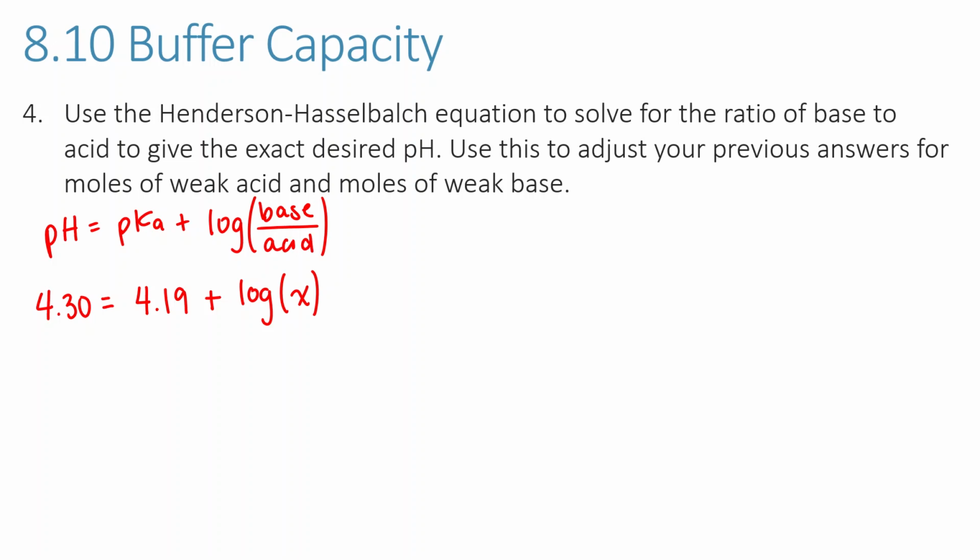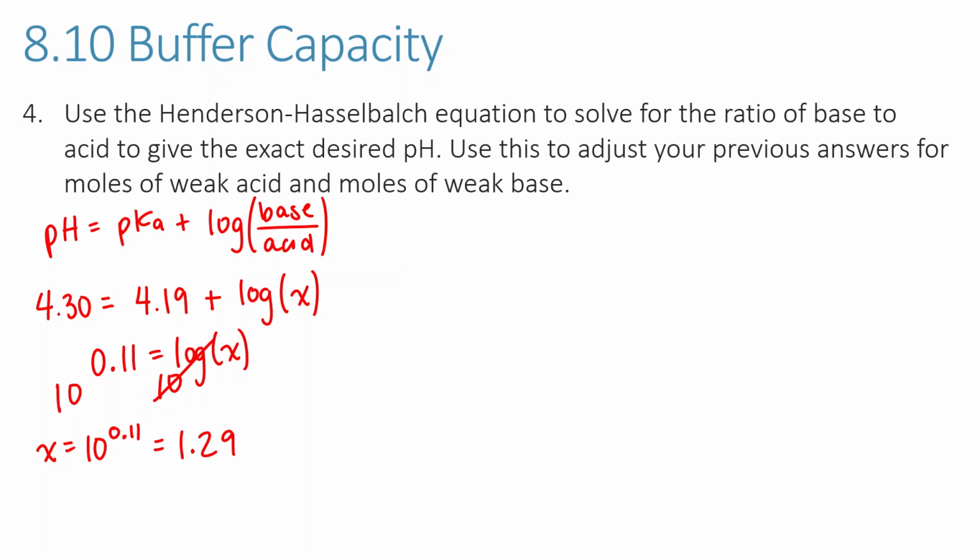So I can do a little bit of math here, and I get this guy upon subtracting, and that is equal to the log of x. So in order to cancel out a log, we need to do the anti-log. So I'm going to raise both of these to the 10th power. That will cancel out the log and leave me with x is equal to 10 to the 0.11, which whenever we type in our calculator, we get 1.29.